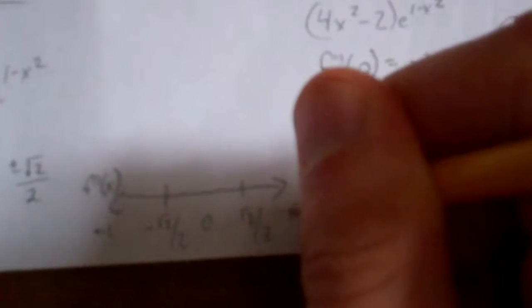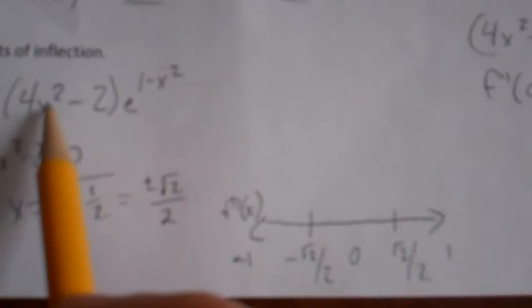Square root of 2 over 2 is about 0.707, so I'm going to choose a value of -1 to test this interval, 0 to test this interval, and 1 to test that interval. I'm going to substitute into my second derivative. -1 squared is 1, times 4 is 4. 4 minus 2 is 2. So this is positive. E to the 1 minus x squared is also always positive.